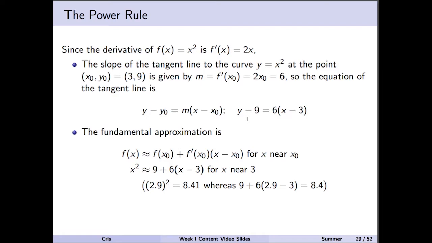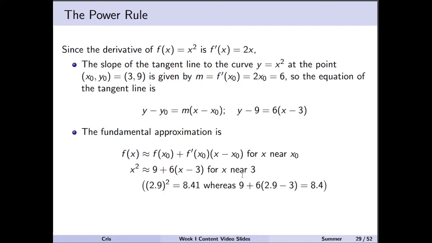The fundamental approximation is that the function itself, which is the y-coordinate of the curve, is very close to the y-coordinate of the tangent line. To get the y-coordinate of the tangent line, you look at the equation of the tangent line, and you add 9 to both sides. So x squared is very close to 9 plus 6 times x minus 3, at least for x near 3.